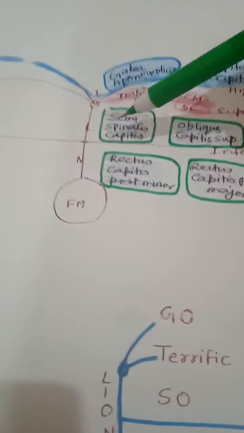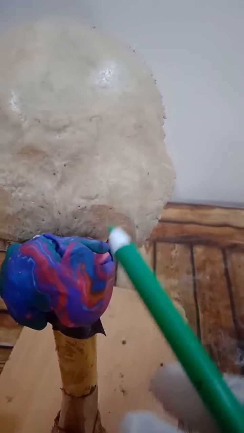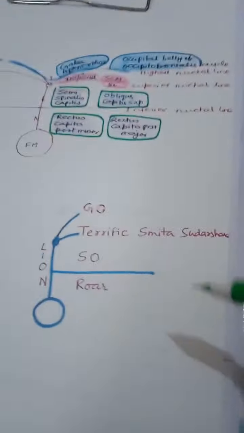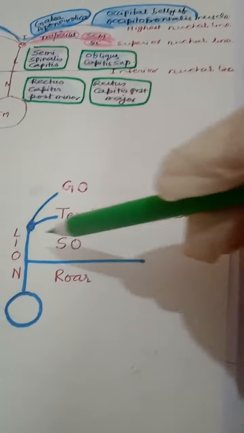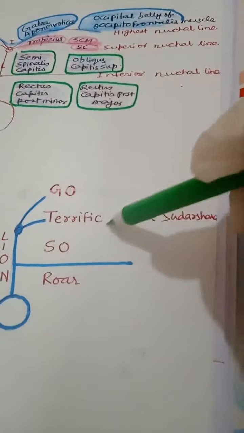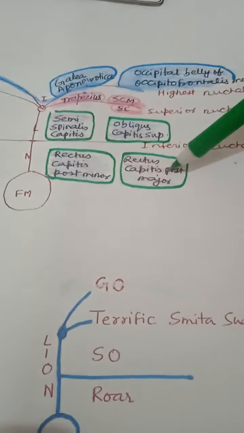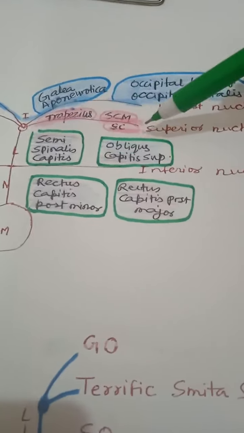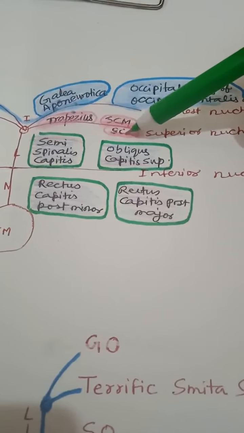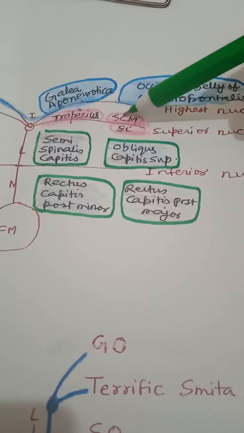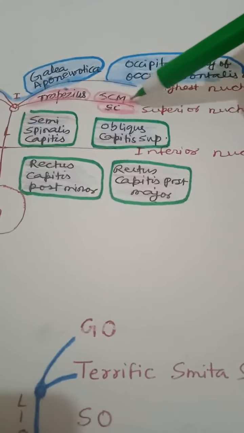Now this area between the superior nuchal line and the inferior nuchal line is divided into four cubical parts like this. And what is the arrangement? Soror, S-O-R-R. Here is the splenius capitis, this S, just below the sternocleidomastoid.